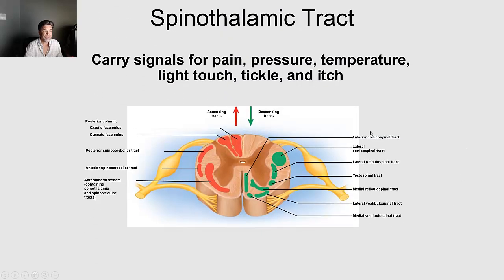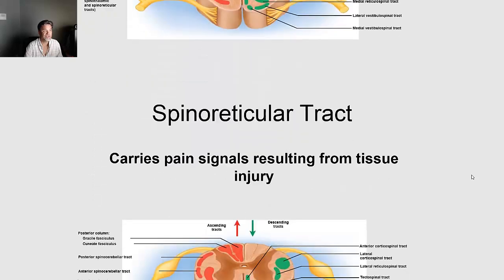The spinothalamic tract carries much information, but mostly what we want to focus on is pain and temperature. That's the major things that are going to be focused on with the spinothalamic tract. You can see it right in here. This is where that information will be conveyed up to the brain. Other things, tickle, itch, and so forth, are conveyed via the spinothalamic tract.